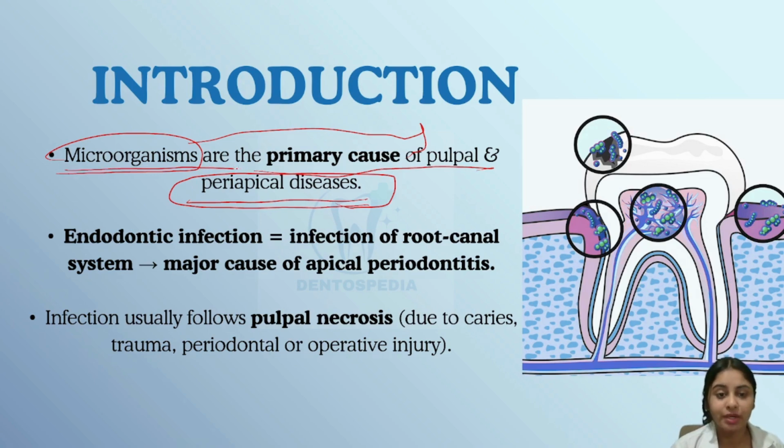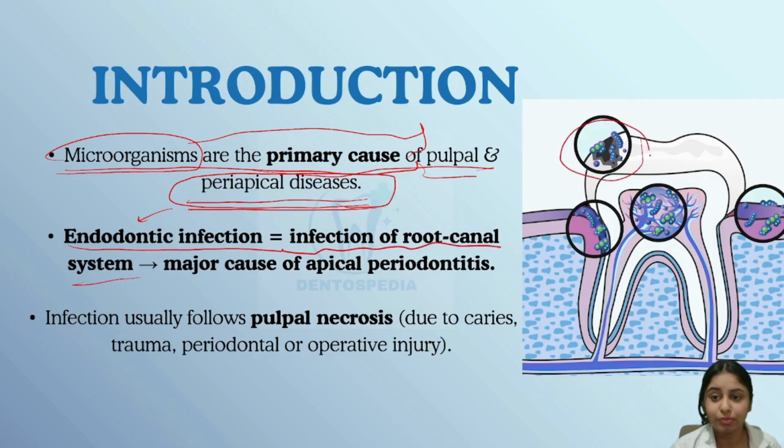These microorganisms are the primary cause of any pulp and periapical disease. Endodontic infection means the infection of the root canal system. The microorganisms spread into the root canal system, and when they go beyond the apex of the root of the tooth, they are the major cause of apical periodontitis.